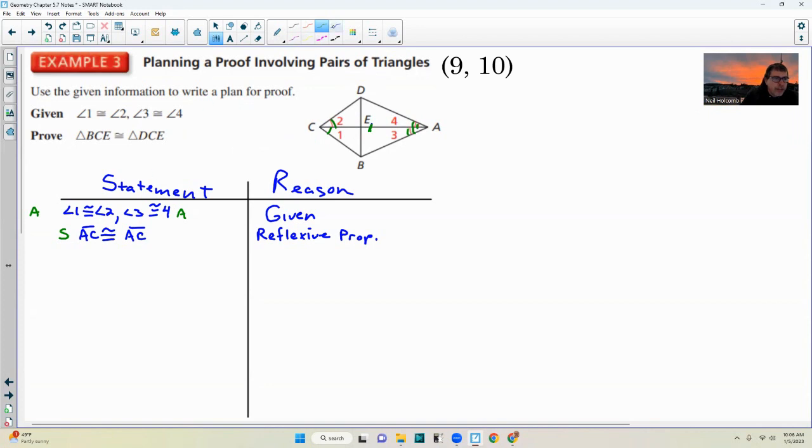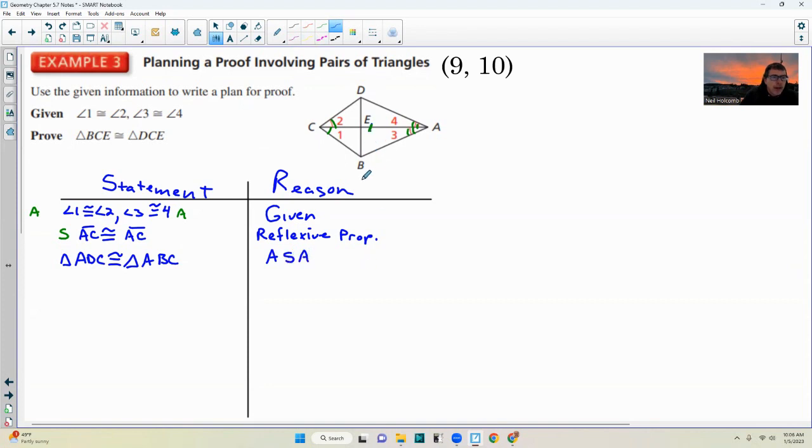So now I have enough information to say triangle ADC is congruent to triangle ABC. And it's an included side, so that's angle, side, angle.